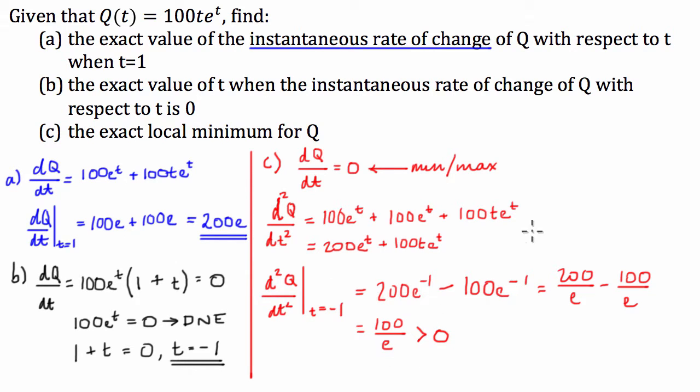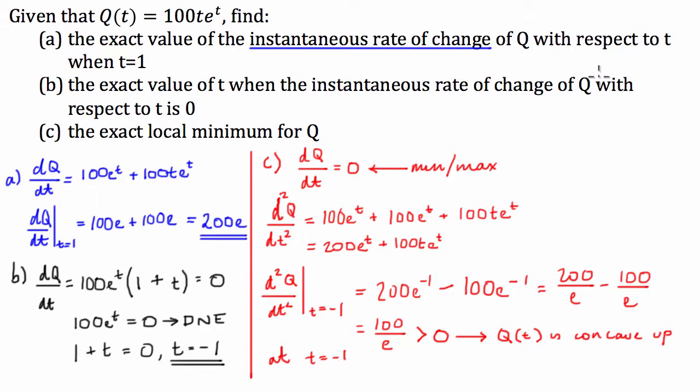So because the second derivative is greater than 0, this means that q with respect to t is concave up at t equals -1.